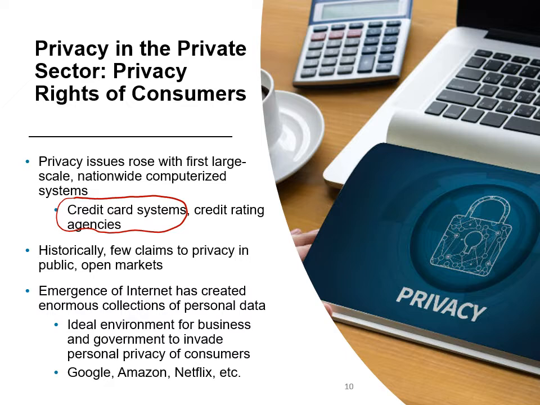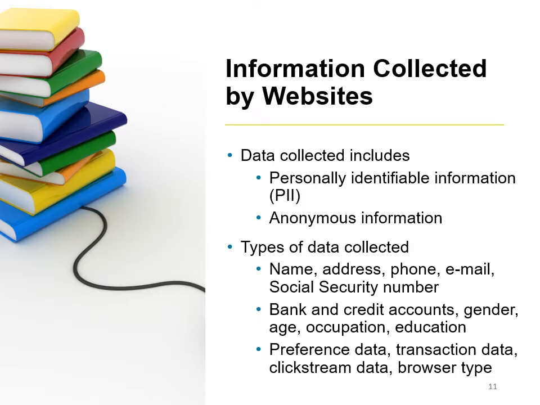So where do they obtain this from? It means other banks may sell consumers' or card holders' information to other banks. Historically, there were few claims to privacy in the public and open market as well. Okay, these are some of the examples.